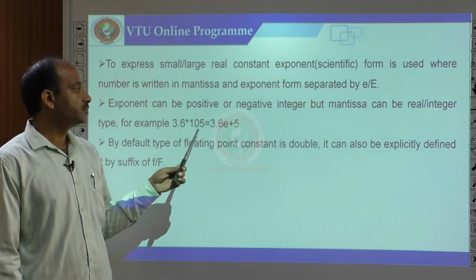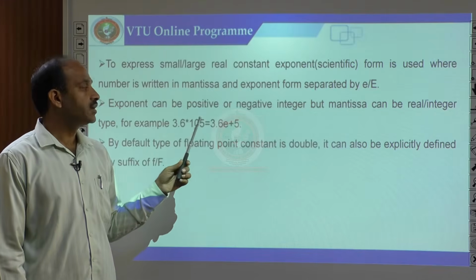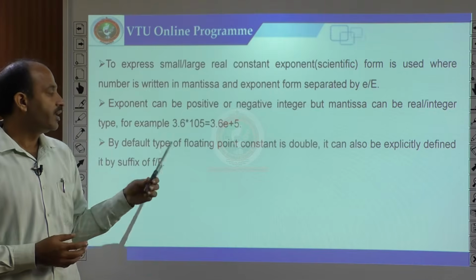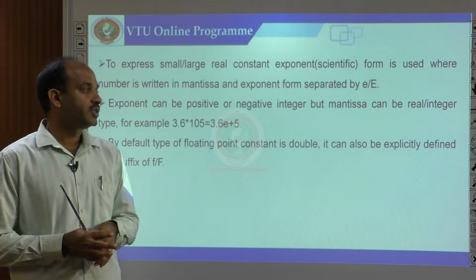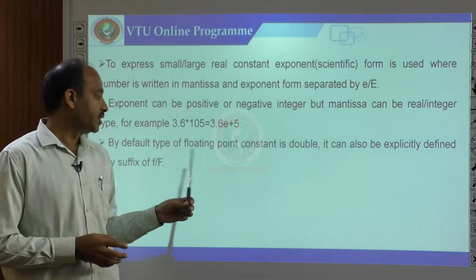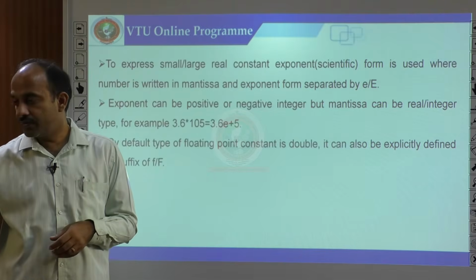See the example: mantissa first, and then exponent. By default, the type of a floating point constant is always double. It can also be explicitly defined by specifying f.